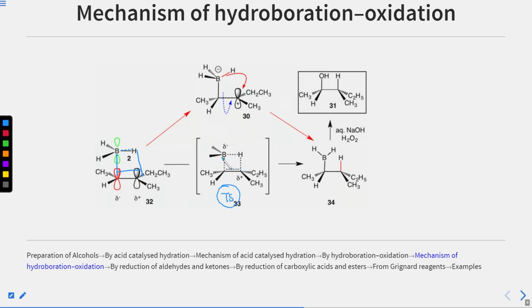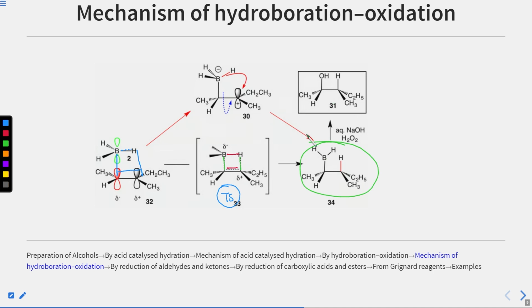There 2 bonds are breaking. So let me show the breaking ones in red. These 2 bonds are breaking, the pi bond and the sigma bond between B and H, and these 2 bonds are being formed. That is the bond between carbon and boron and carbon and hydrogen. So we finally get this. Okay, is this clear? Now if you do the oxidation of this one, you will simply end up removing this BH2.